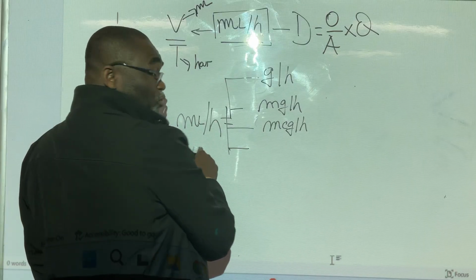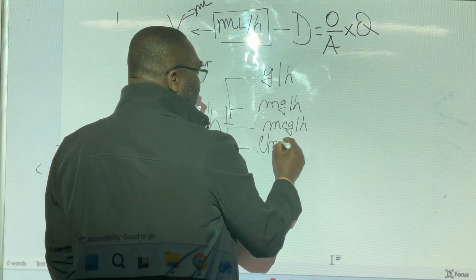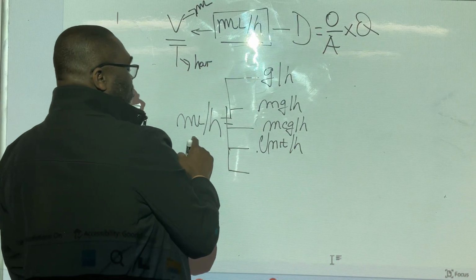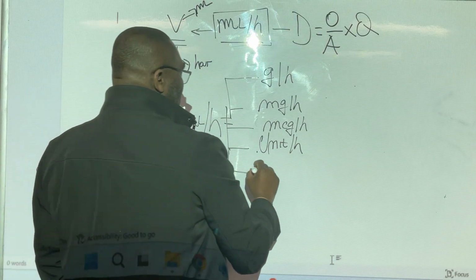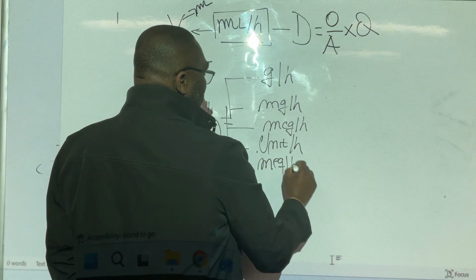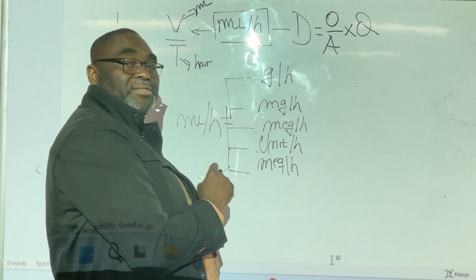Do not confuse milliliter per hour with unit per hour. And do not confuse milliliter per hour with MEQ per hour. This is when students make a lot of mistakes.